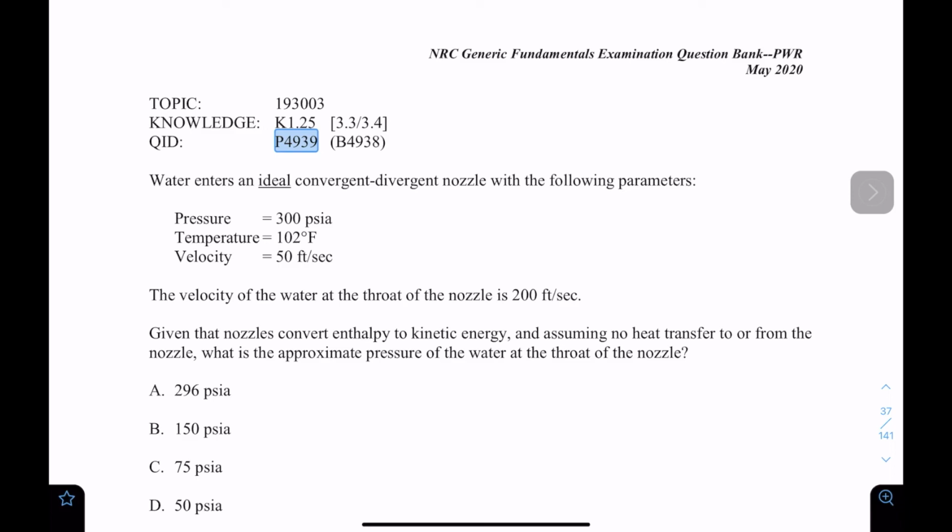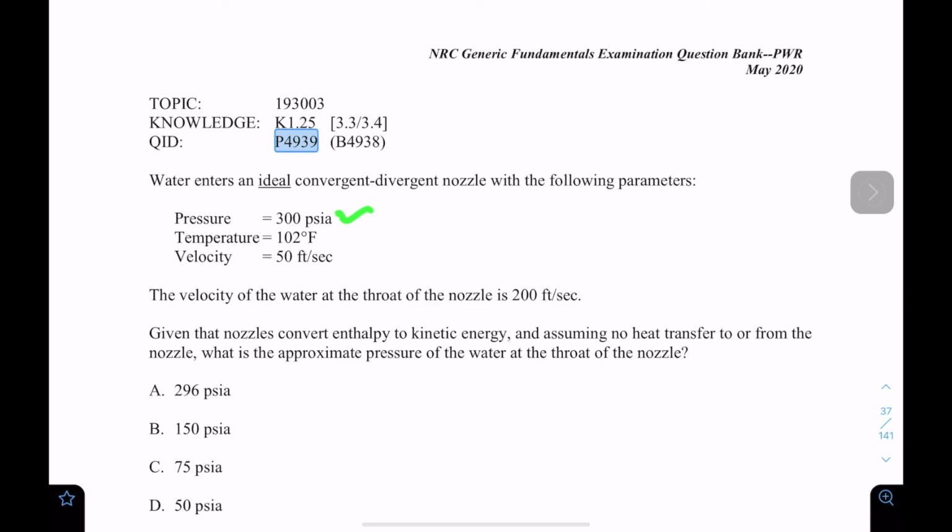So yeah, I use this one. And there's another question that is gonna be similar, so I'm just gonna give you the shortcut for this one. This one I memorized it, and it's not very hard. But let's take a look at question P4939. So water enters an ideal convergent divergent nozzle for the following parameters, and they're giving me the parameters.